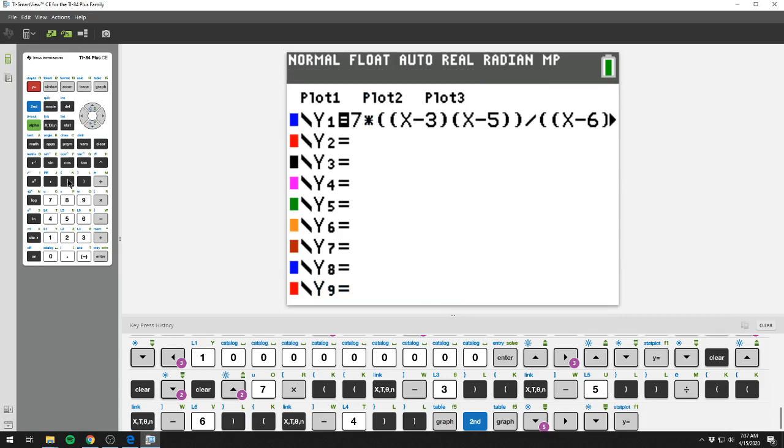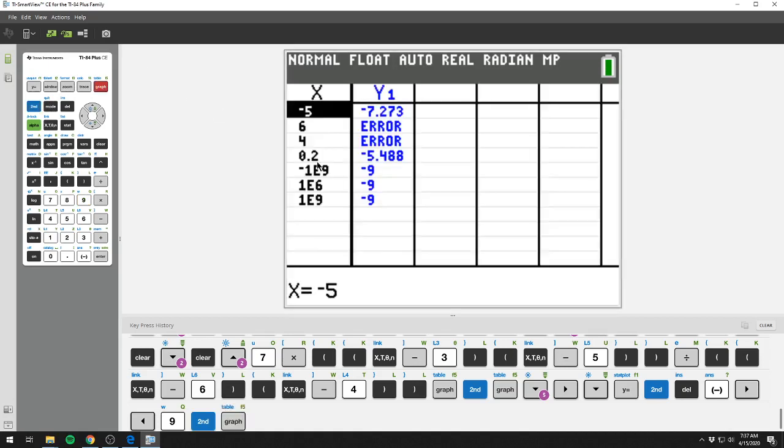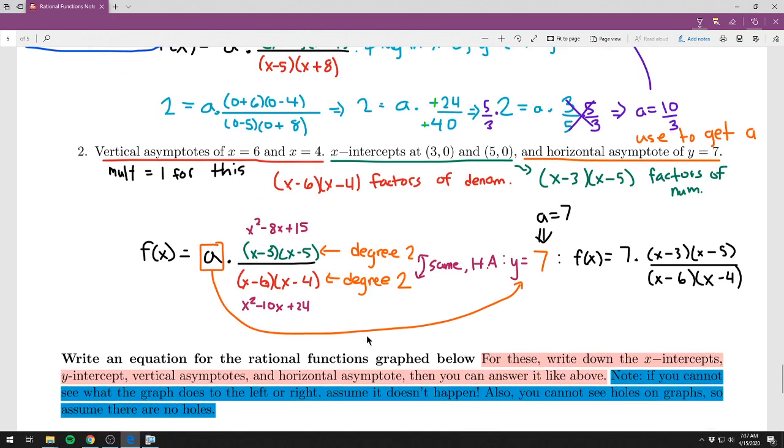If you mess around with this number up front here, this is just going to change your horizontal asymptote to this number. So if I wanted the horizontal asymptote to be -9, I would put -9 here. I could graph it, but if I just go to my table, you'll see that affected right there. So the way these problems work, if you are told the horizontal asymptote, it's actually telling you the a value. A equals 7.